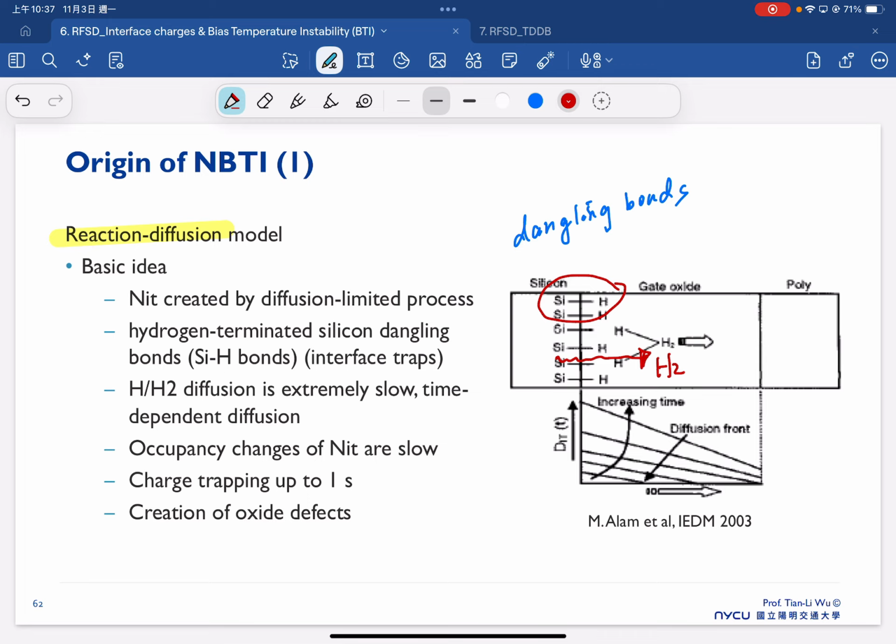This is a paper from 2003 in IEDM by Professor Alam, a professor from Purdue University. The basic idea is that the interface state density is created by a diffusion limited process. We have this hydrogen silicon bond, the hydrogen can diffuse, and this causes the NBTI. That's why we see the VTH shift with respect to time.